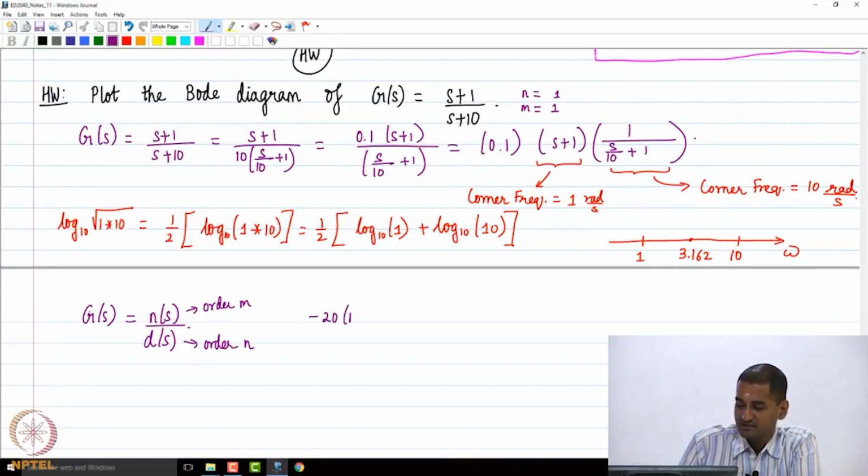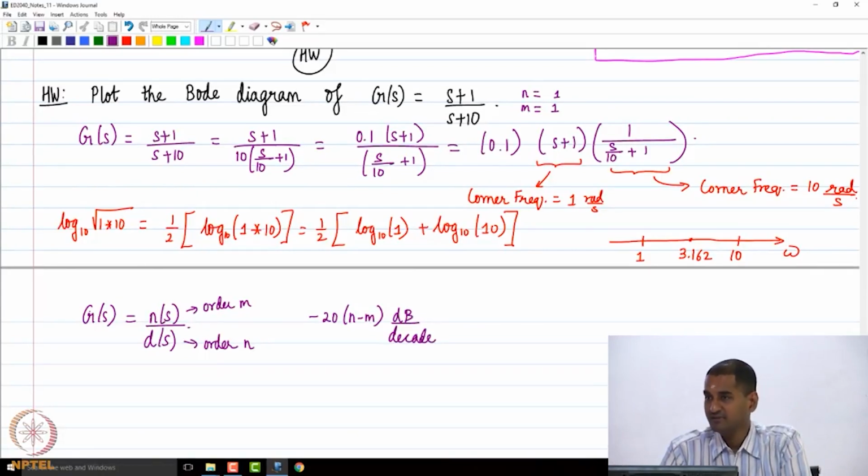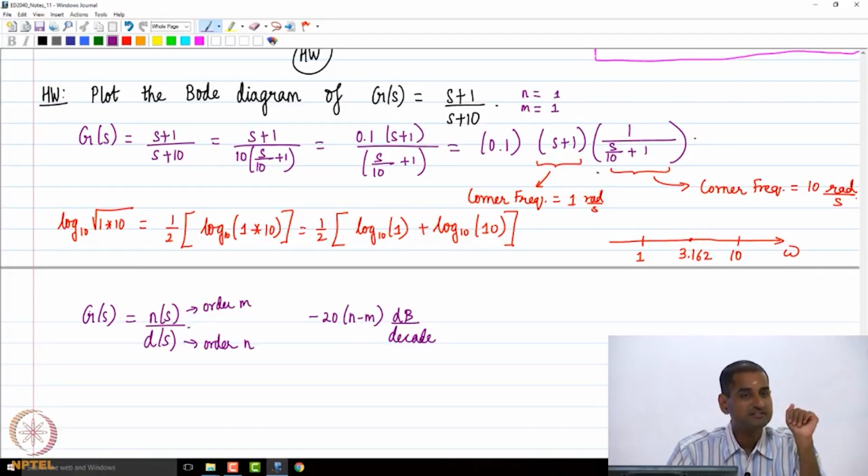Minus 20 times n minus m decibels per decade, right. Is that satisfied here? Yes. Why? Because s plus 1 will contribute plus 20 decibels per decade, and 1 divided by s by 10 plus 1 will contribute minus 20 decibels per decade. Both are just going to cancel out each other. That is point number 1.